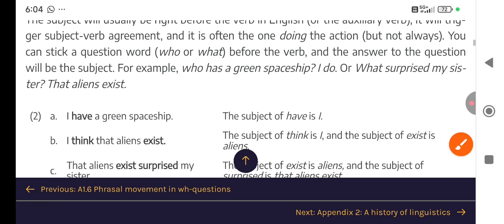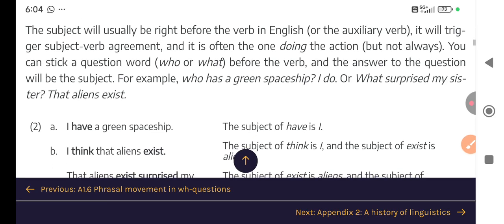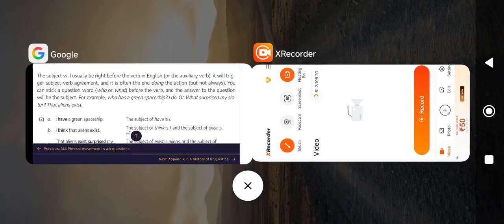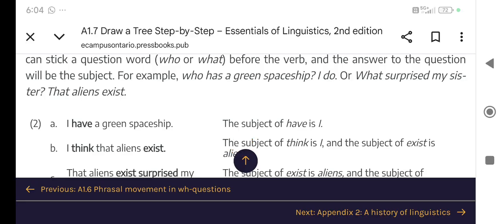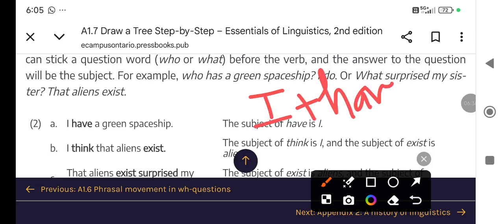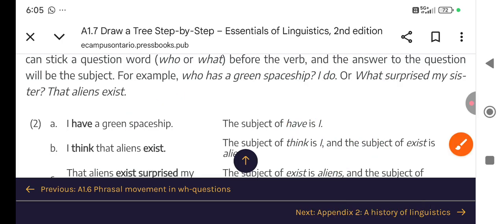Now it will trigger subject-verb agreement. And what's subject-verb agreement? Subject-verb agreement is I plus have. This is subject-verb agreement: I have.